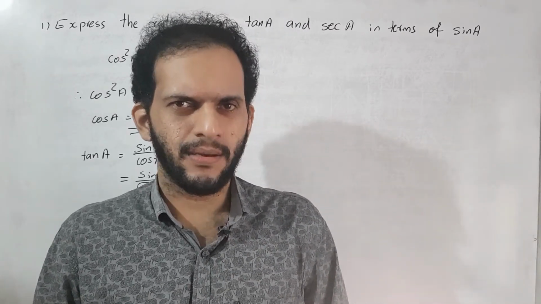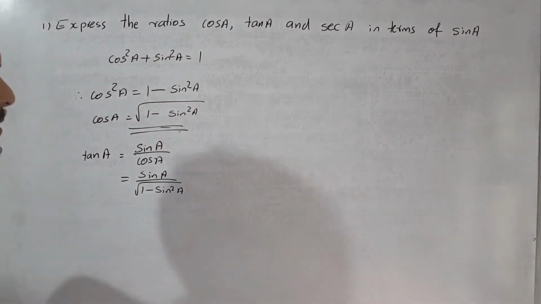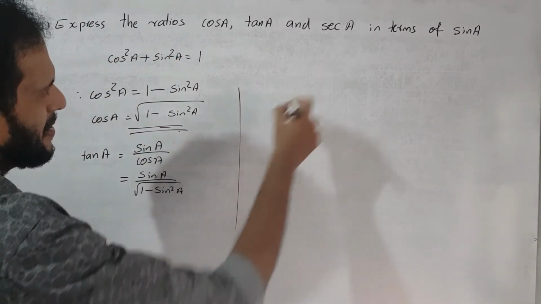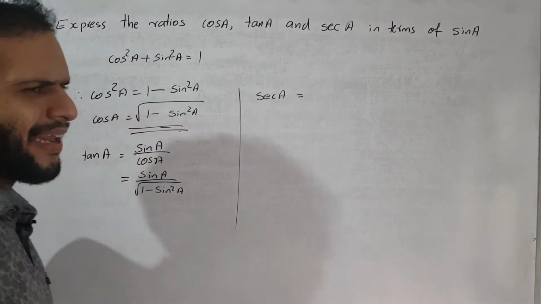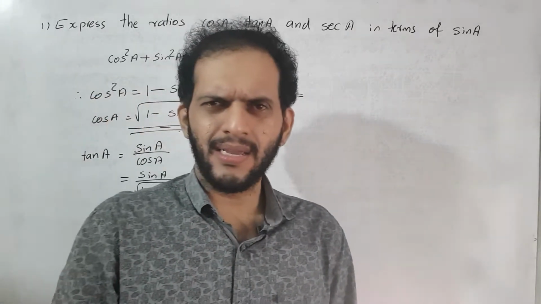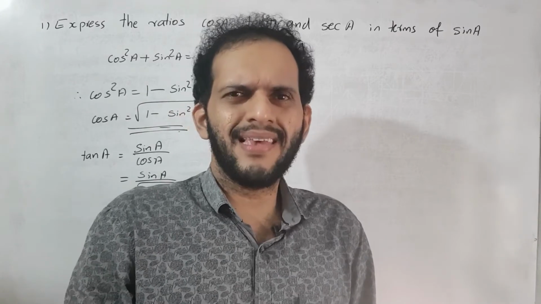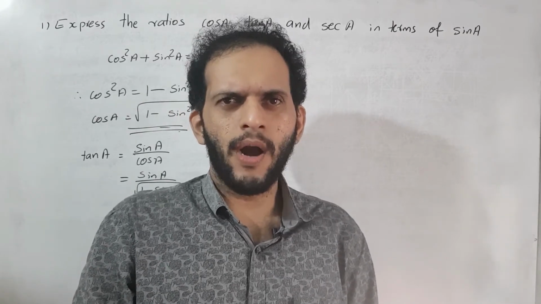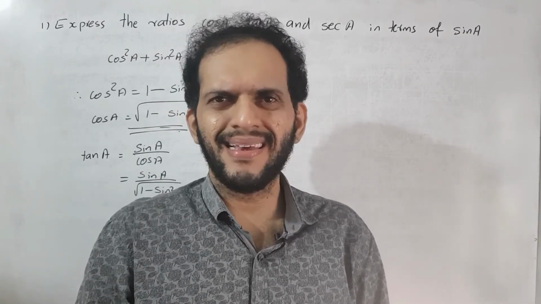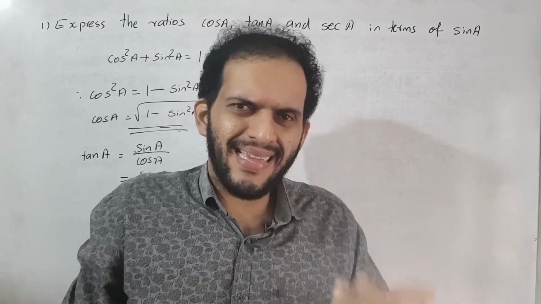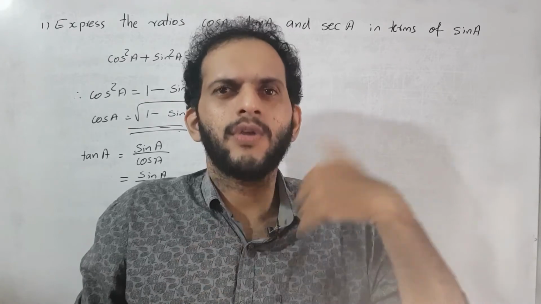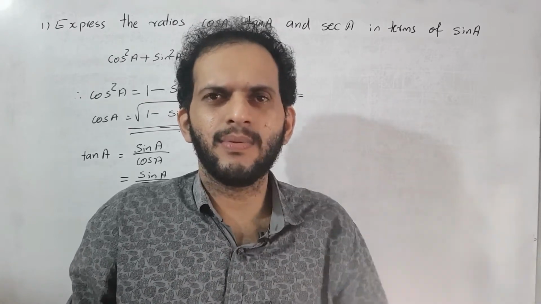The next one is sec. How do we write sec? Is there any direct relation between sec and sine? No. Sec is 1 by cos, correct? So to convert sec in terms of sine, first we convert sec in terms of cos.